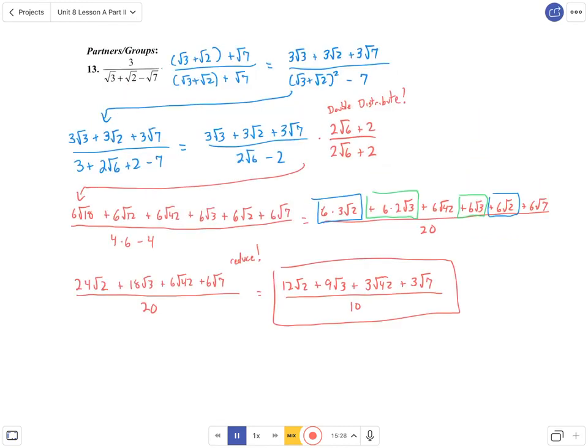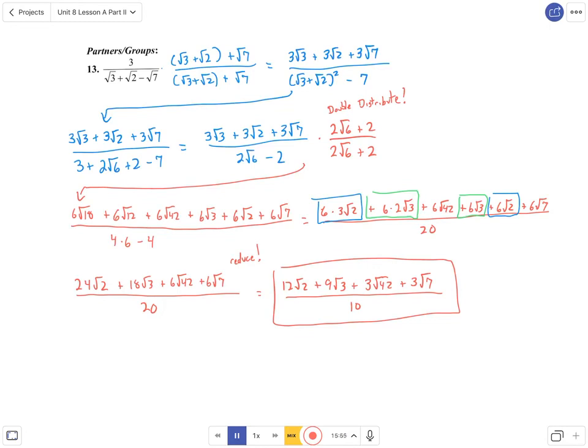Okay, guys, so hopefully you had a chance to try these last 3 problems. So here's number 13. Feel free to pause this so you can check your work, then move to the next one. Number 13 is a little bit trickier than number 12. That bottom piece, after you set up your conjugate in that trinomial, wound up being a binomial, which you had to, again, use another conjugate, which then required a double distribution.